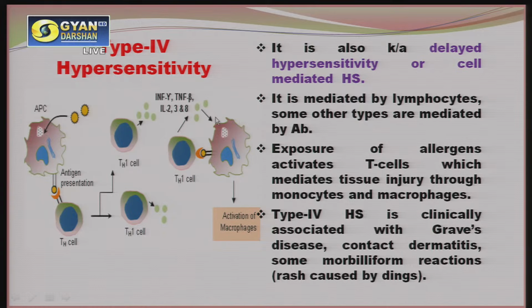They bind again, and ultimately the macrophage is activated, phagocytizes, and removes it. This is the type of reaction involved in type 4 hypersensitivity.